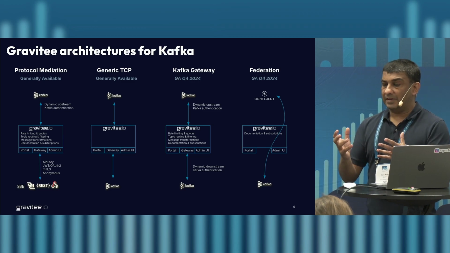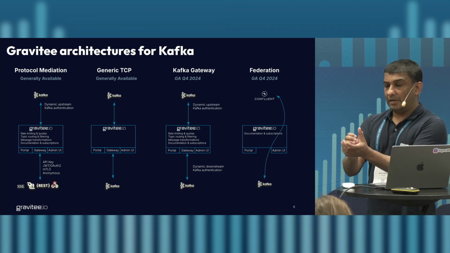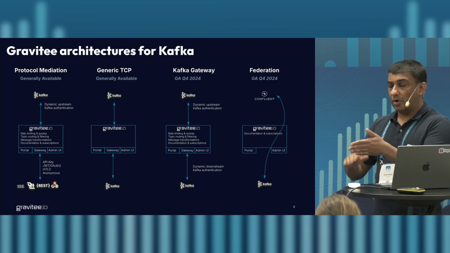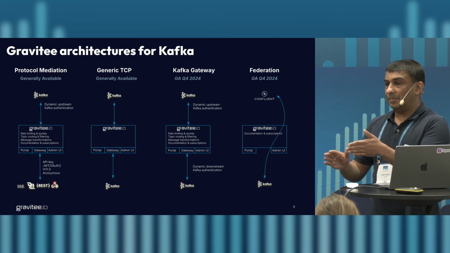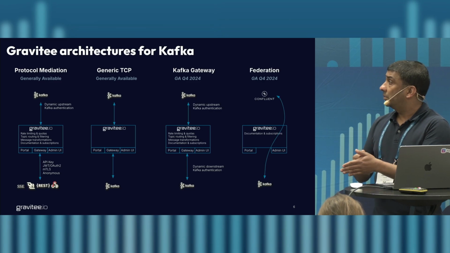Let's bring it all together into one developer portal so we can first answer the question: what have we got? What have we duplicated? What's redundant? What Gravitee Federation allows you to do is bring in APIs from other gateways and surface them in one developer portal. So Federation is that ability to see everything in one place and then solve the problem, making sure your API stack is as efficient as possible.